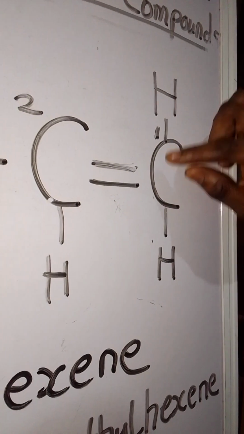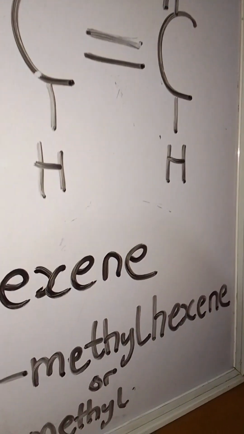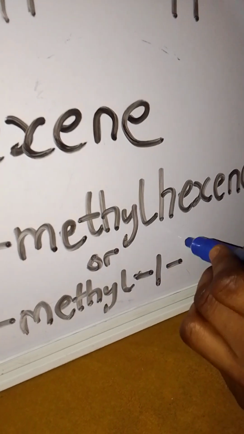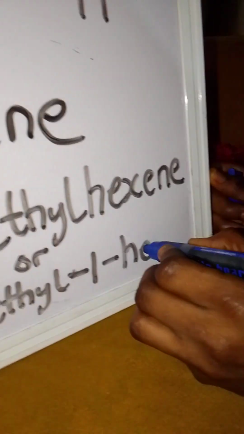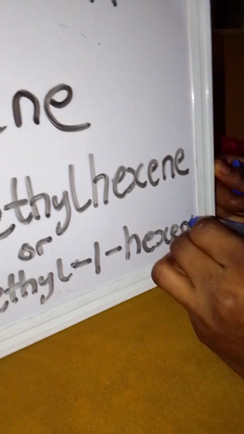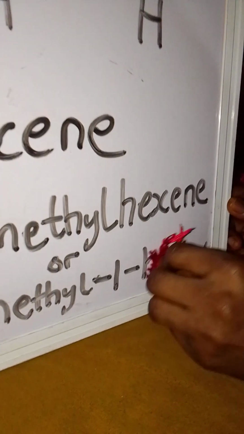It is on carbon 1, so it's going to be 1. Do you understand? Then hyphen 1 hyphen hexene. I hope this space will be enough. Let me see. I'm going to manage that.